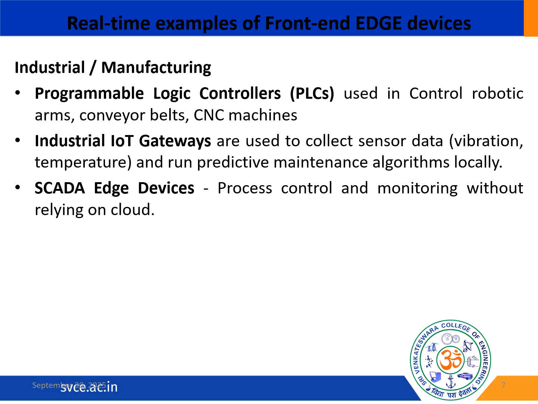So moving on to the next part, we have real-time examples of front-end edge devices. So we will be using these front-end edge devices in industry and manufacturing. The purpose of these front-end edge systems can include real-time control of machinery, and it can process all the machinery parts.